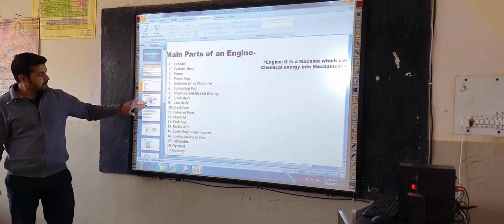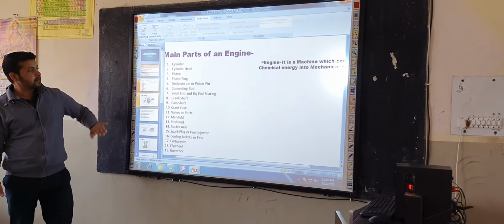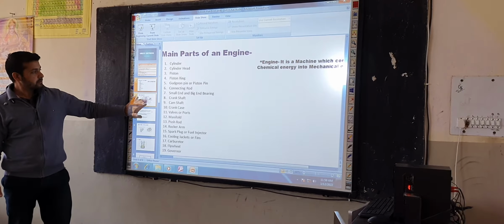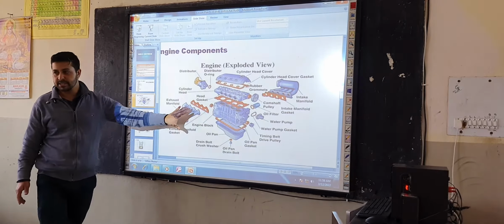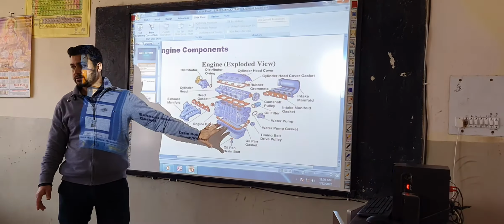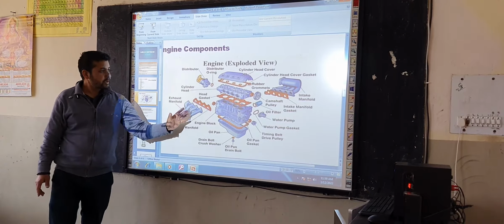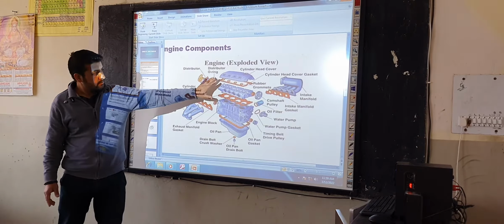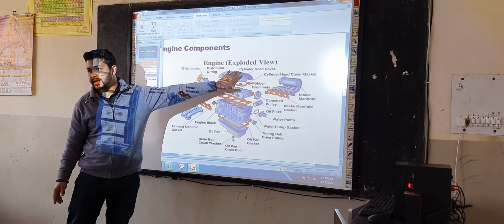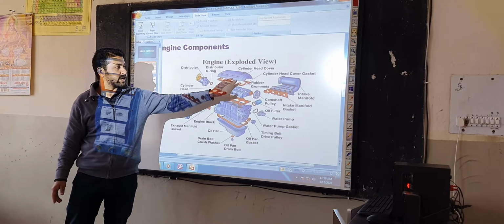Okay, now here is the disassembled view of the engine. You can see all the parts and their positions. First of all, here is the cylinder head cover. This is called the cylinder head cover.